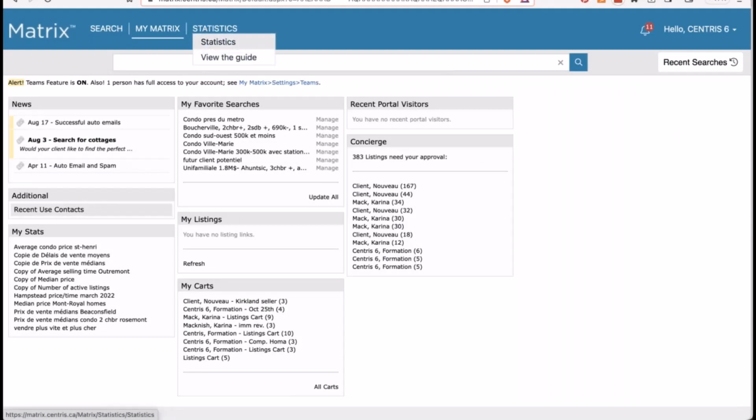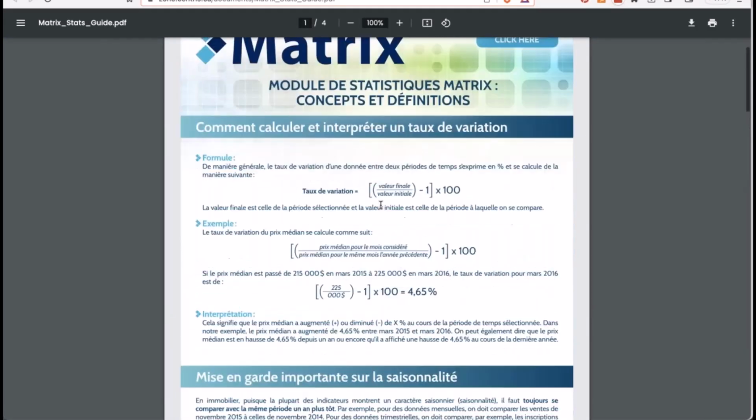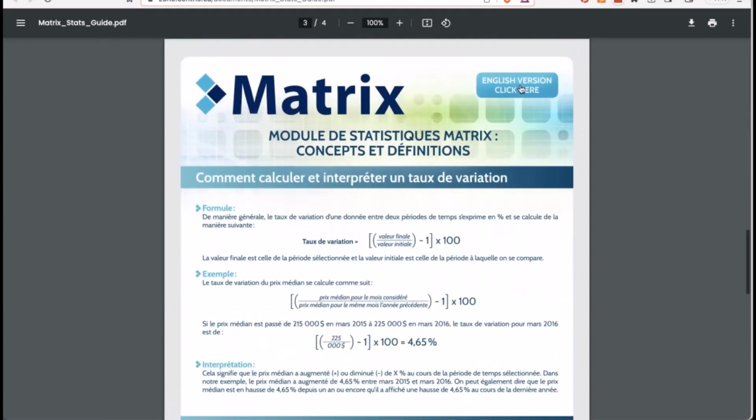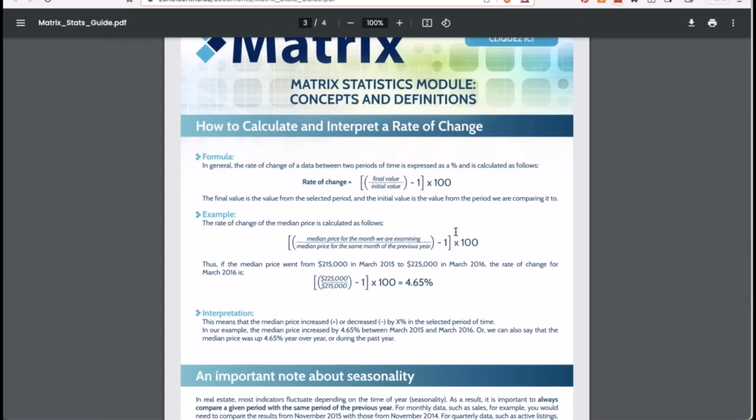So before we click on statistics, I'll ask you to click on view the guide. And here you have, it's 4 pages. If you click on the English version here, the last 2 pages are in English. So for the person asking about the rate of change, this is how you can calculate it here.